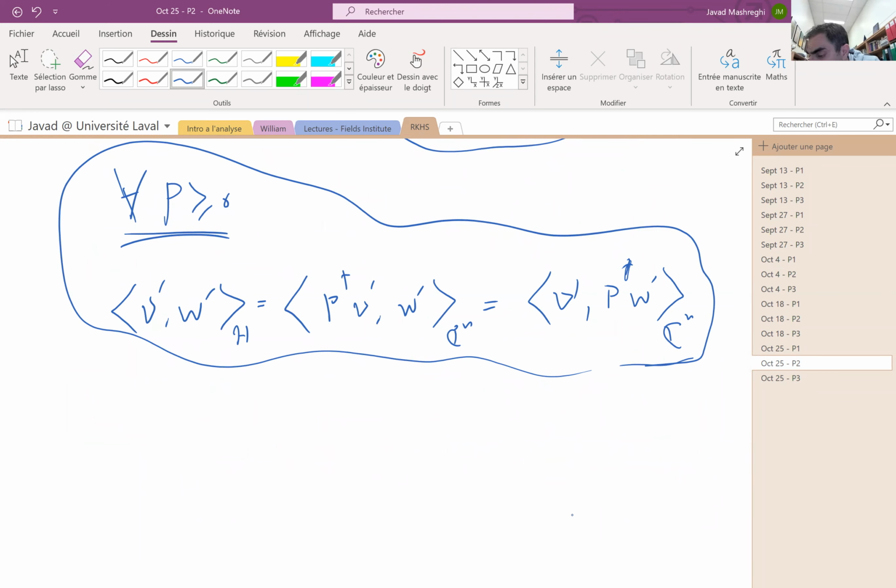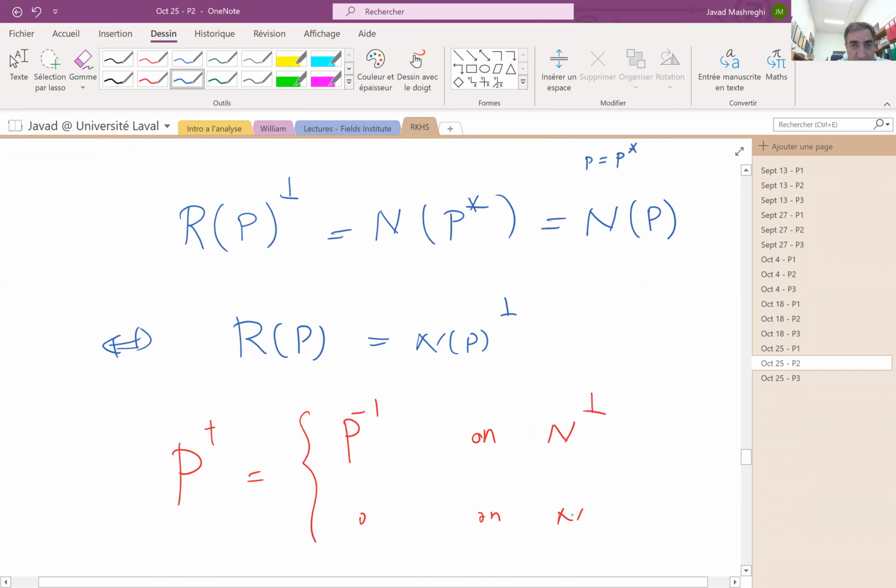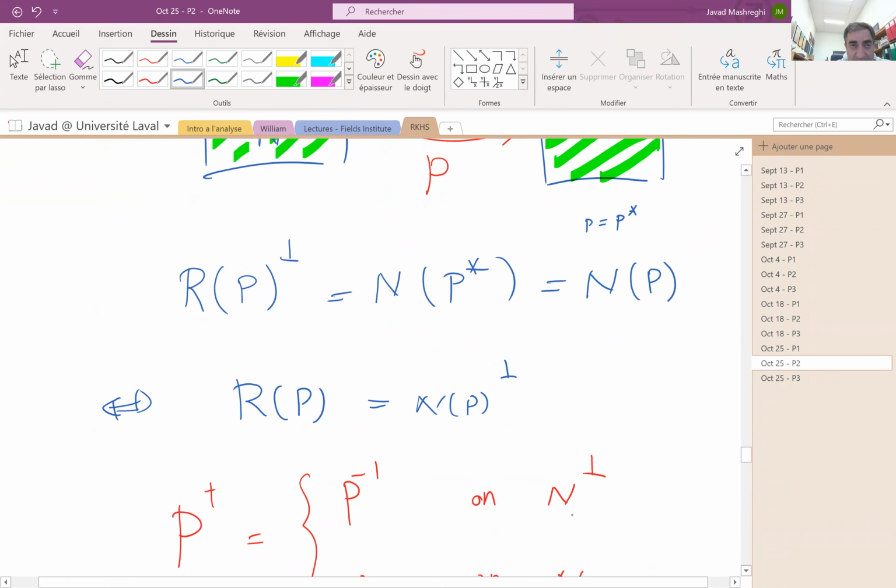I didn't write what happens in the infinite dimensional case, but the same formulas work, except that I mentioned at which point you need to be careful. It's precisely here. When you go to the infinite dimensional case, N P perp is the closure of the range of P, R P bar.